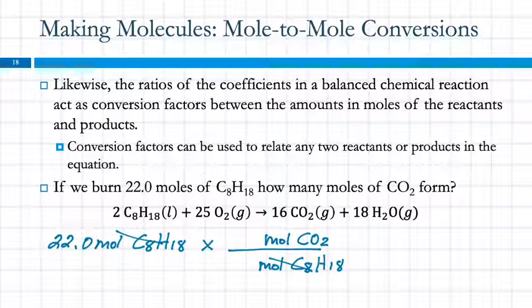Now I go looking for numbers, and I see that there's a 16 in front of CO2. That means 16 moles of CO2. So in front of moles of CO2, I'm going to write 16. Down here, I've got C8H18, so I look for the coefficient in front of that in the formula, and that's what I write down here.